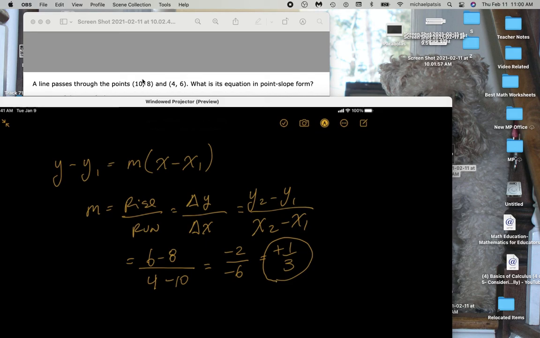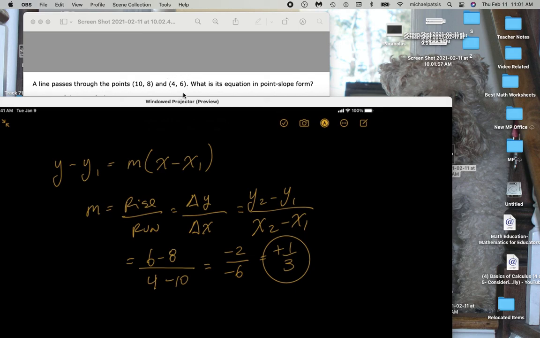Okay, now look what we have. Now we have the slope. We have the slope and we have points. You could use either of these points now. If you get points and one of them has negative numbers and one of them has positive numbers, pick the positive number. It's easier to work with. Here they both have positive, so it doesn't matter.